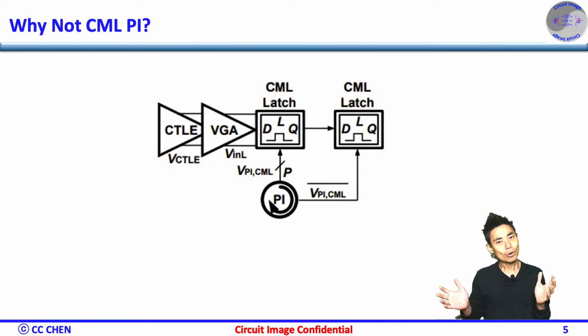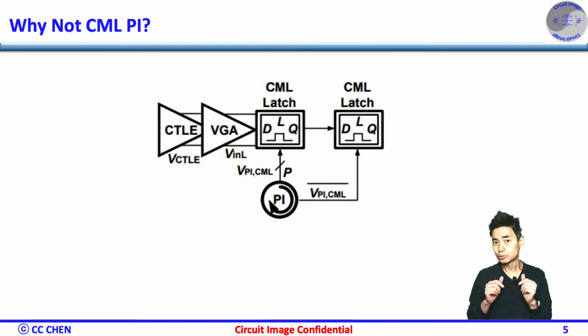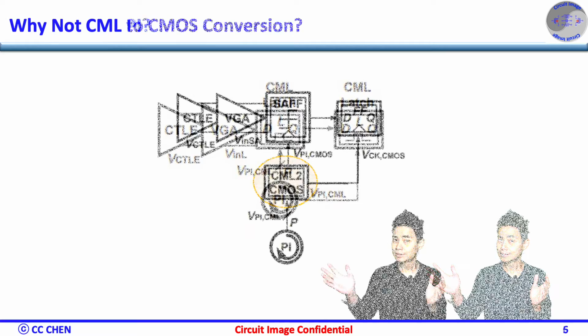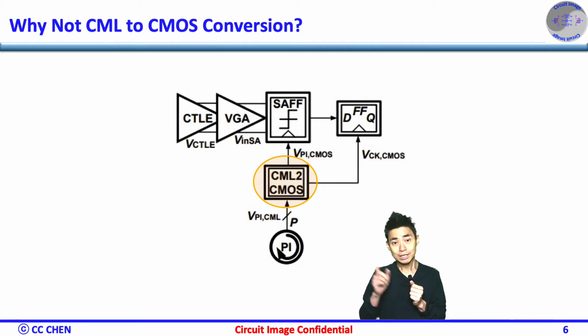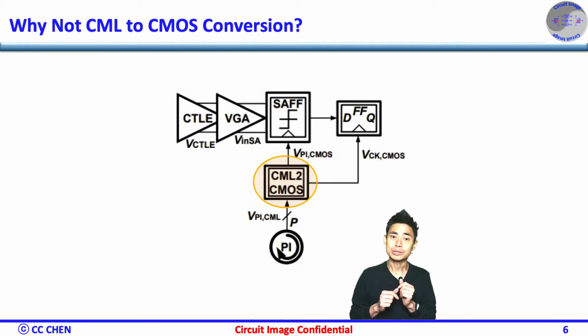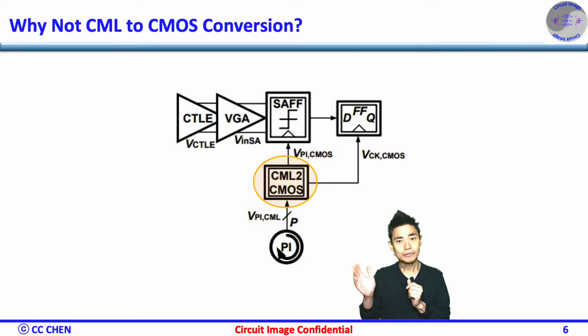What happens, or what should we do, if we would like to use the StrongARM latch or the sense amplifier kind of rail-to-rail comparator for the sampler? Bingo! If you connect a low swing output clock to drive the rail-to-rail CMOS latch, then the clock will not turn on or off properly.